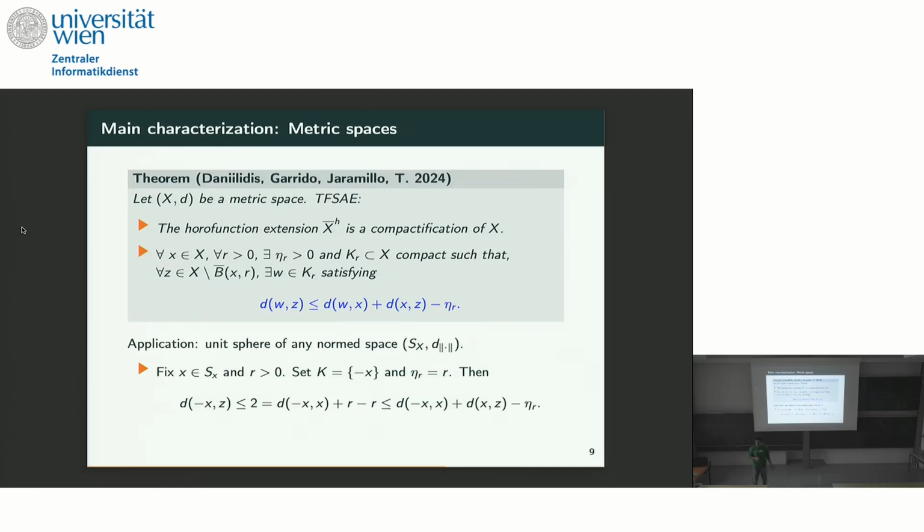It has applications, actually. If we take now any normed space and we take the unit sphere, actually we can prove that our Horofunction extension is a compactification. We fix our point x, we fix R, we set eta of R equal to R, and the compact set, just the antipodal. We compute, and it holds true.